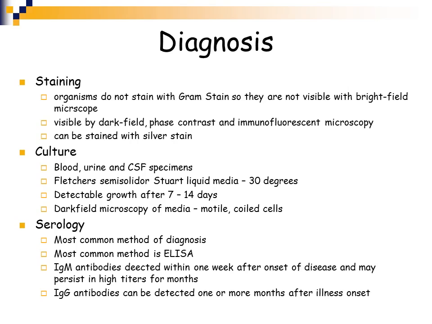So these organisms can be stained with silver stain, and then you would look under a phase contrast microscope. Or you can look under dark field, or you can use fluorescent antibody stains and look at them under a fluorescent scope.